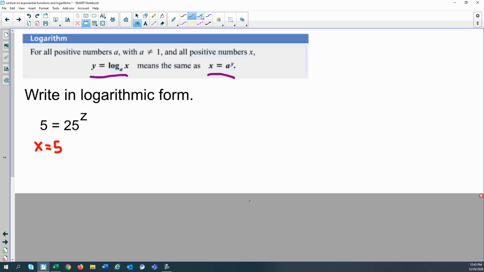Our a value is the base here, our exponents. A equals 25. And our y value is the exponent, which in this case is a variable, or z.